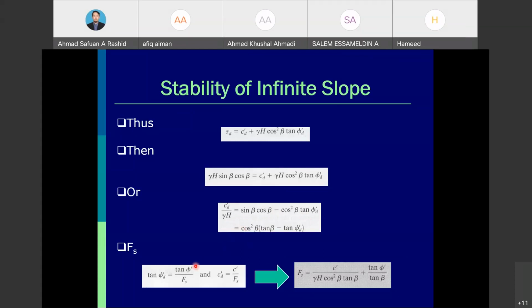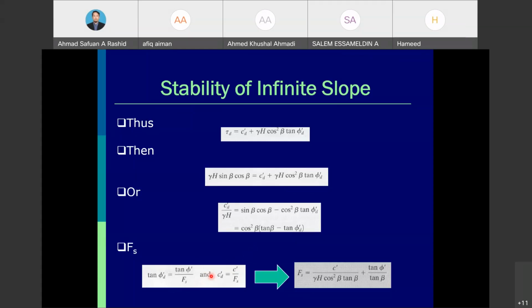So in order to replace the phi D and also the CD with phi and C, we need to look again at the derivation of the Fs based on tangent phi over tangent phi D, and also the Fs which is C over CD.